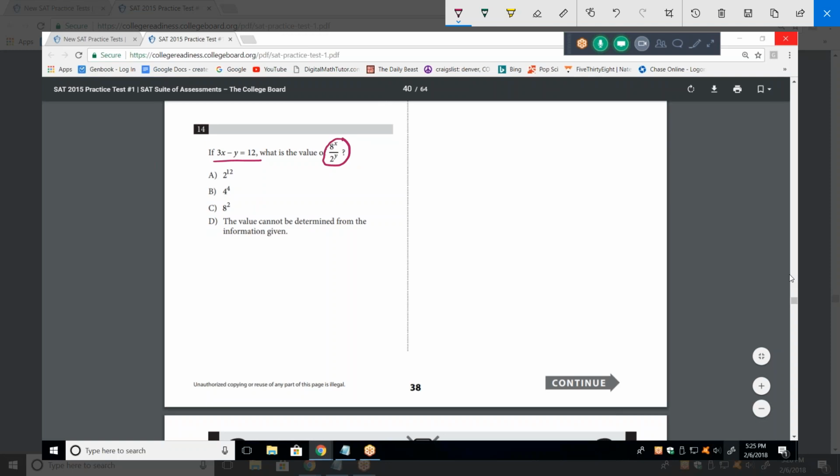So I know how to divide. If I said I have b to the 7th divided by b to the 4th, what's that? B to the 3rd. When you're dividing, same base, you subtract the exponents.